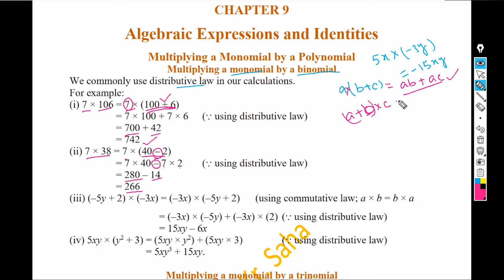multiplied by c, then you can say ac plus bc. In a similar way you can multiply this 5 minus 5y with 3x, that is minus 3x into minus 5y.